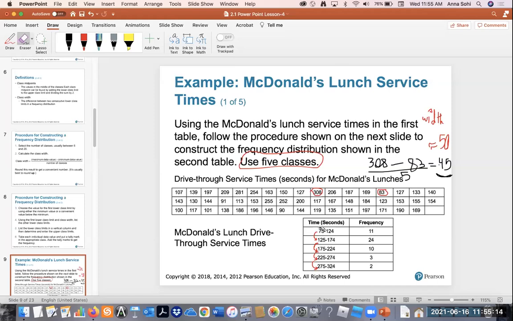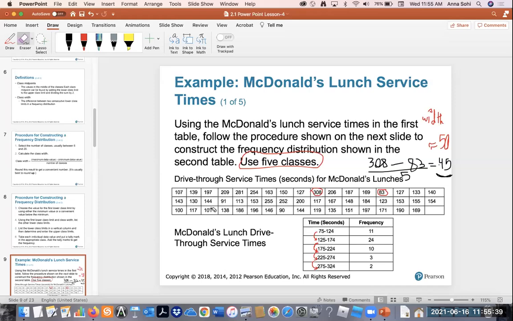Now I need to design my upper limits. So I'm going to use another color. For the upper, you go one below the beginning of the next one. So 124. You think about it as: this is 125, I need to make sure I cover everything.